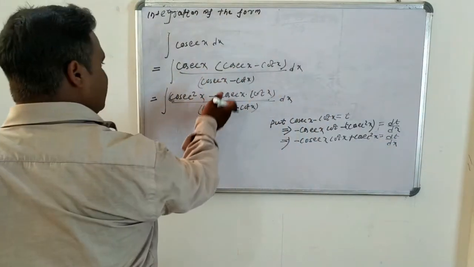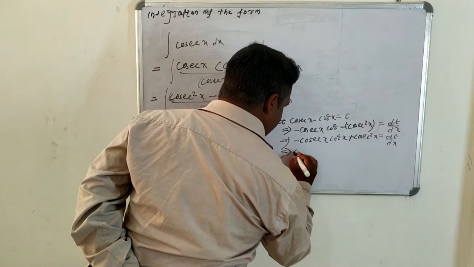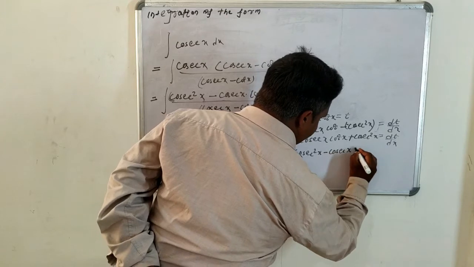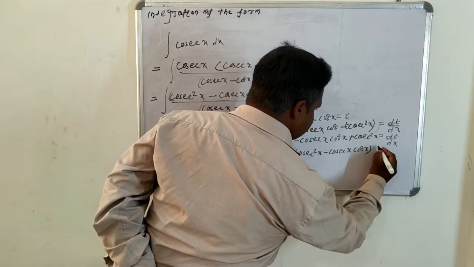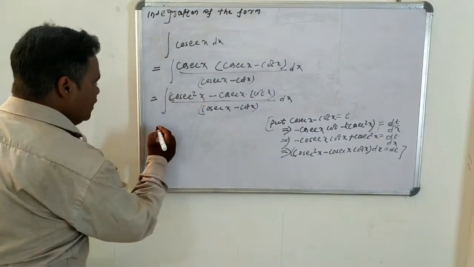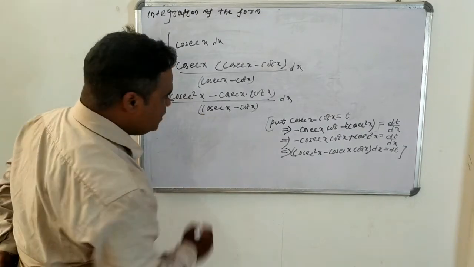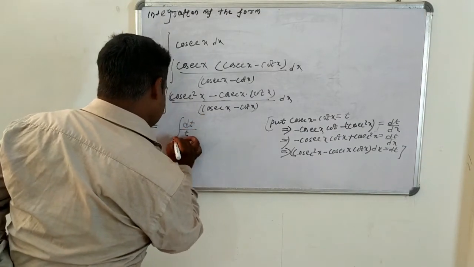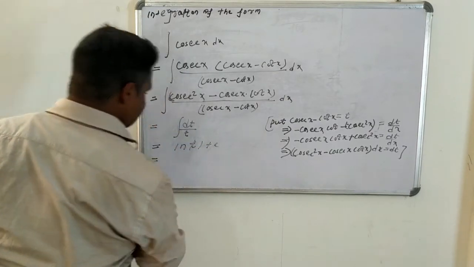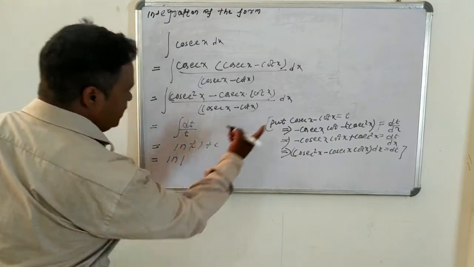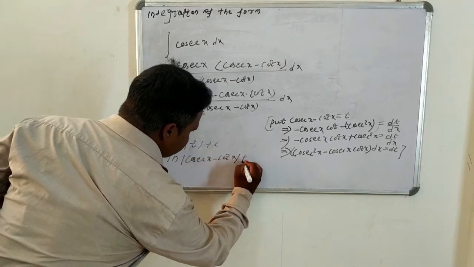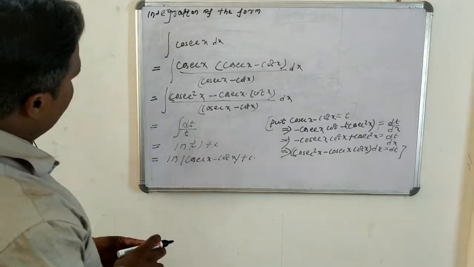In this conversion, cosec square x minus cosec x cot x, dx equals dt. Putting this value in the given part, the value is dt divided by t, which equals ln t plus c. So the value is ln of cosec x minus cot x plus c. C is the integration constant.